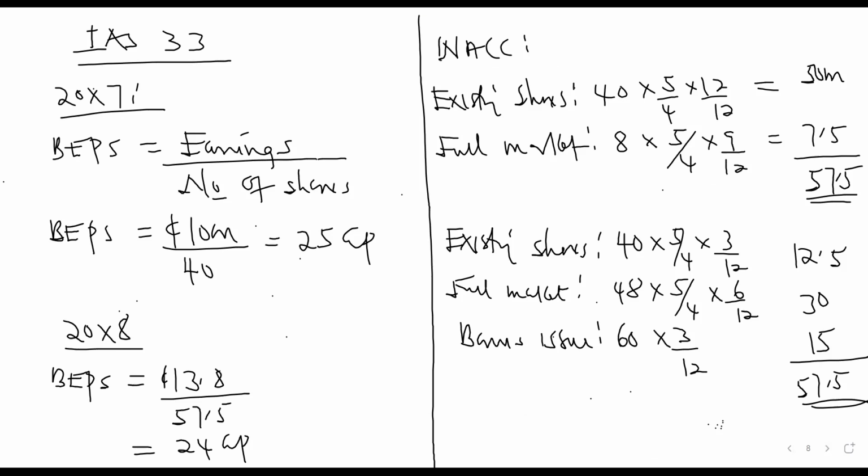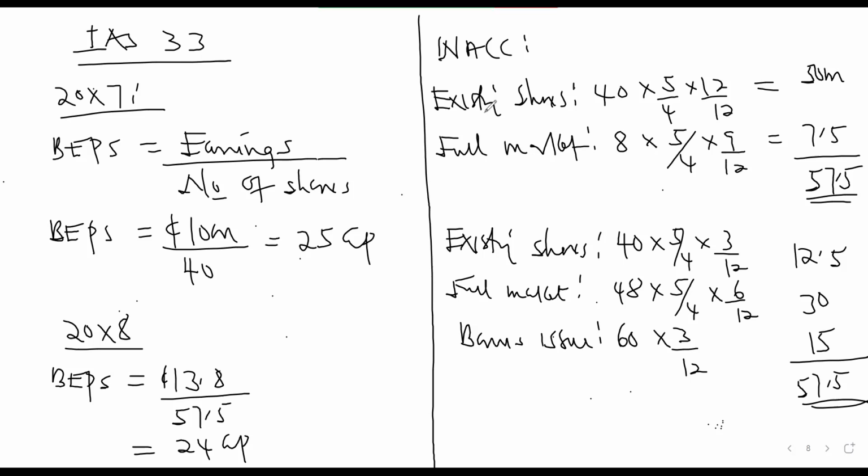Okay. So what we do is that whenever there is a bonus issue, we can also adjust this. Let's look at the bonus issue done. I don't want to confuse you.